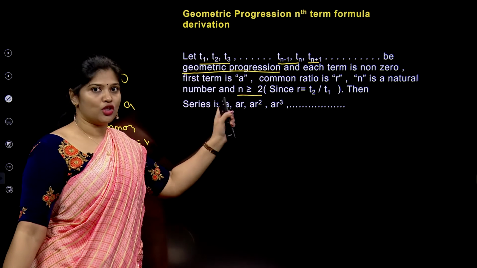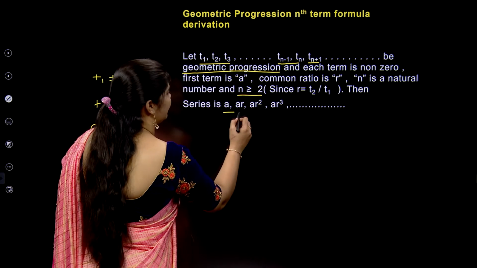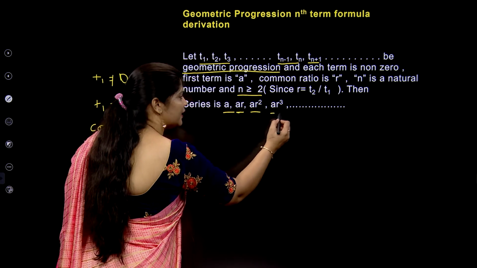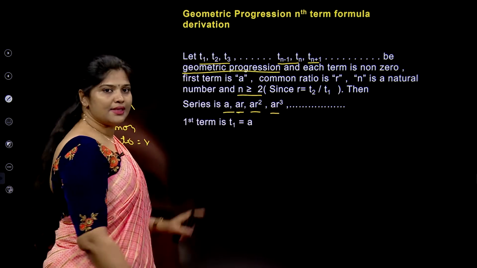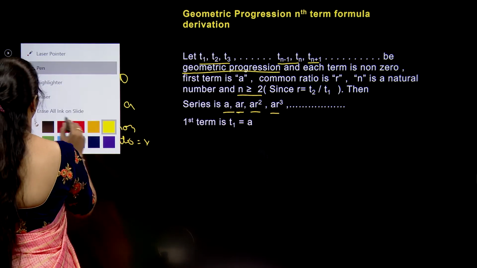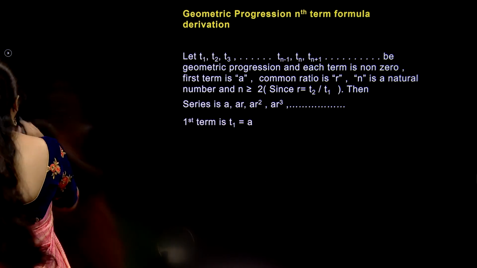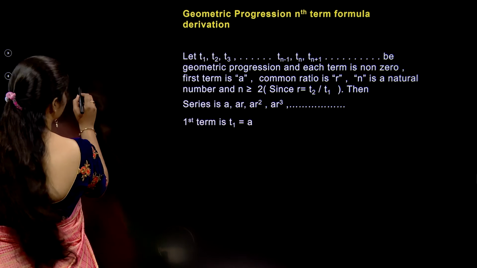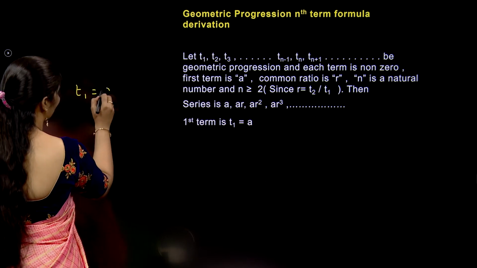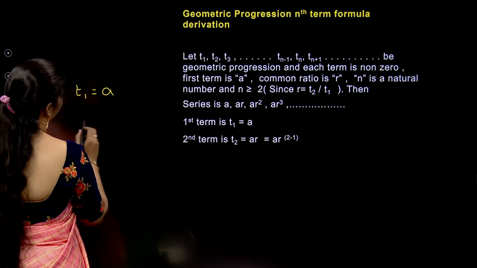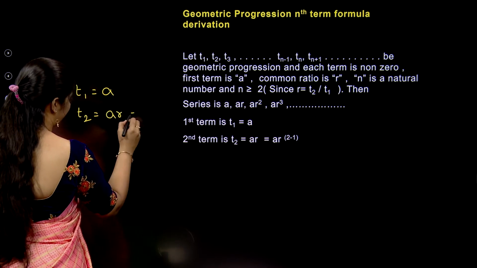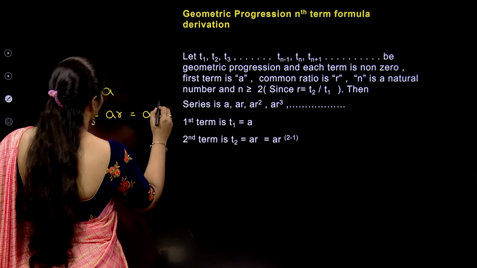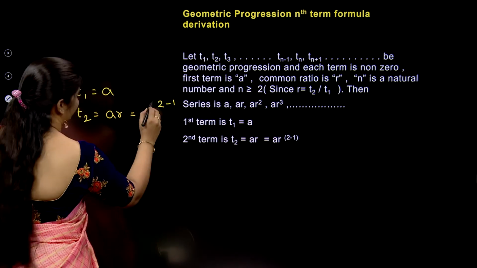The geometric series is A, AR, AR square, AR cube and so on. Now, the first term is T1, T1 equals A. The second term T2 equals AR, that means AR power 2 minus 1.